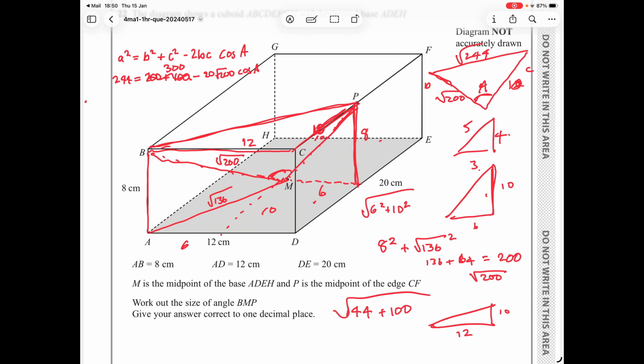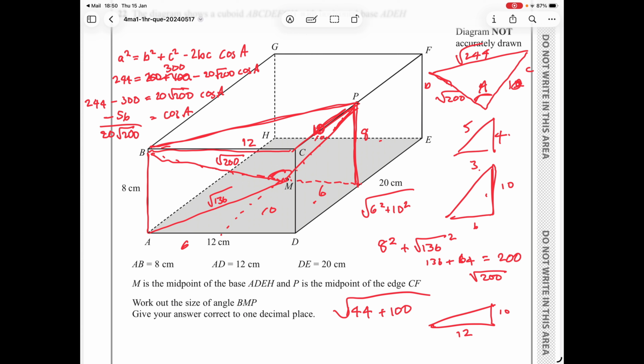So that would be 244 minus 300 equals 20 root 200 cos A. I know I could put that another way. So it's minus 56 over 20 root 200 equals cos A. And I wonder if this is going to be absolutely horrendous.